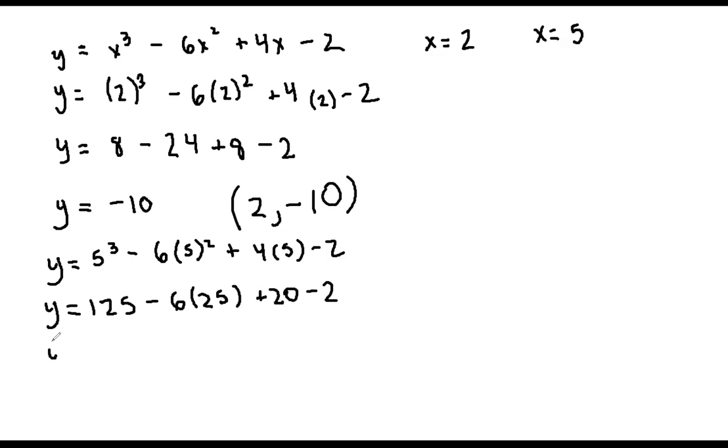And 6 times 25, I believe, is 150. So 125 minus 150 plus 20 minus 2. 125 minus 150 is negative 25, plus 20 would mean negative 5, minus 2 is negative 7.